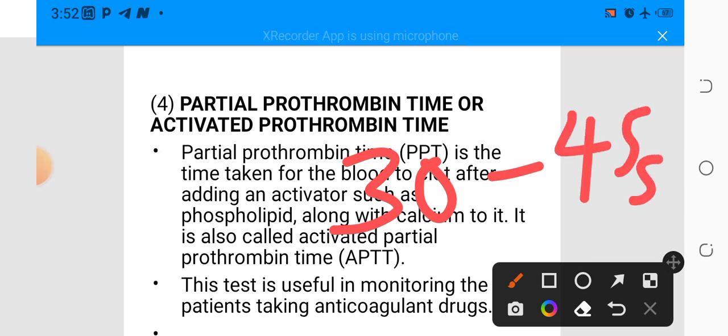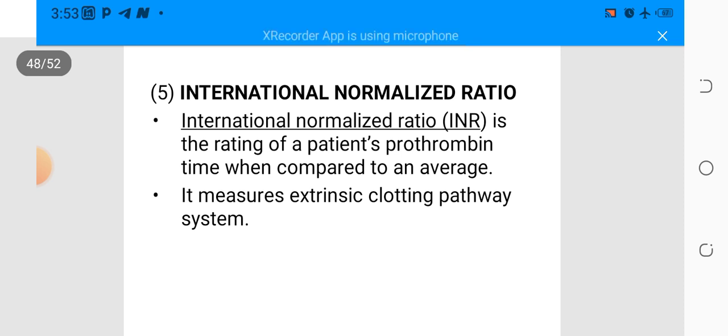It is prolonged in heparin or warfarin therapy. Why? Since heparin and warfarin inhibit clotting. That's why it is prolonged. It is also prolonged in deficiency or inhibition of factor 2, 5, 8, 9, 10, 11, and 12. I want you to go and think about these things.